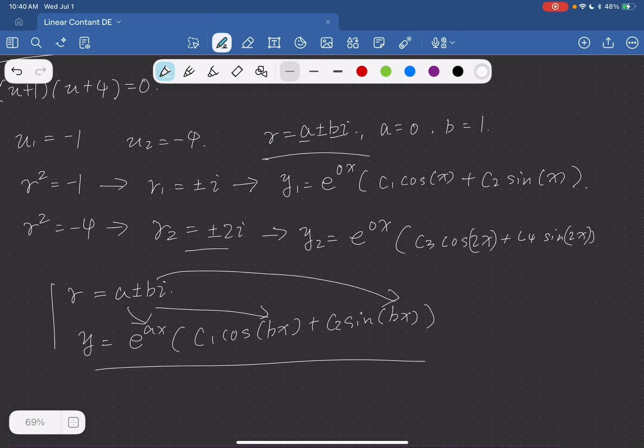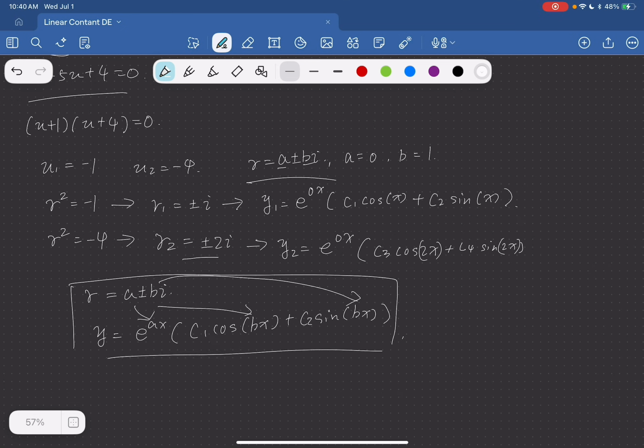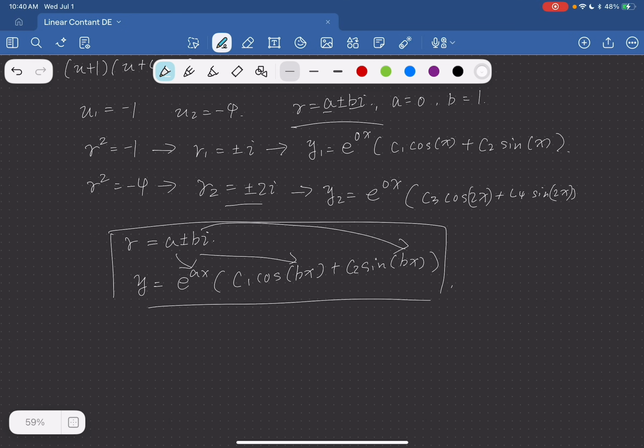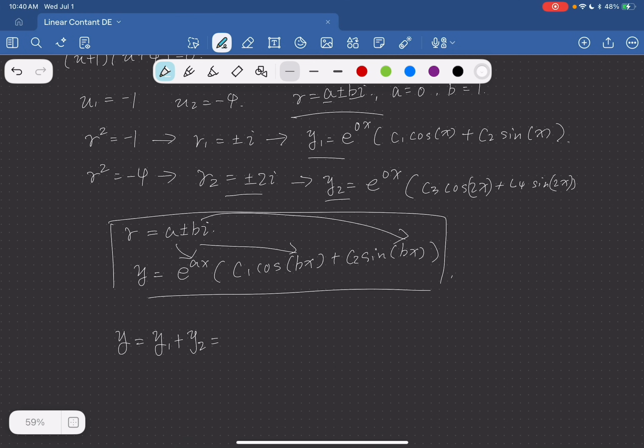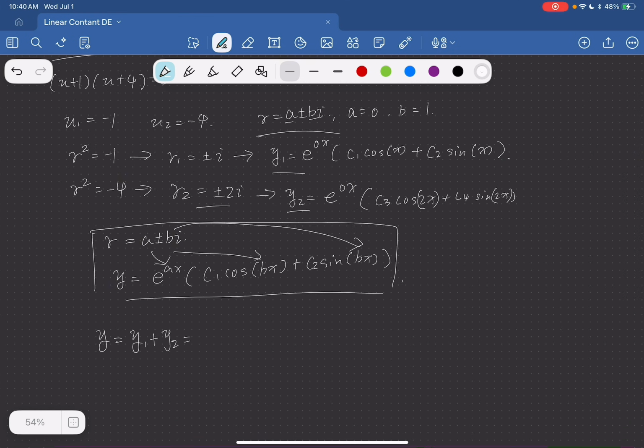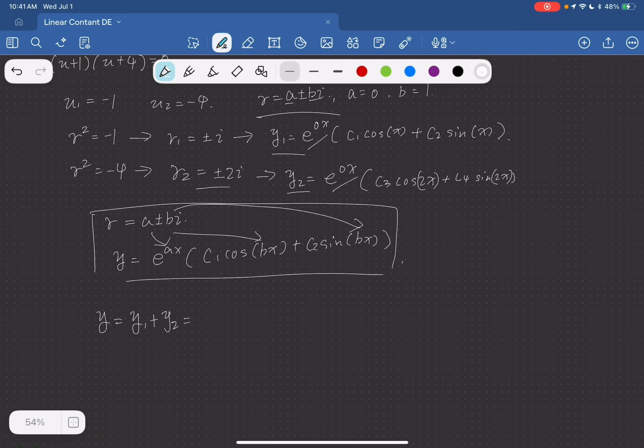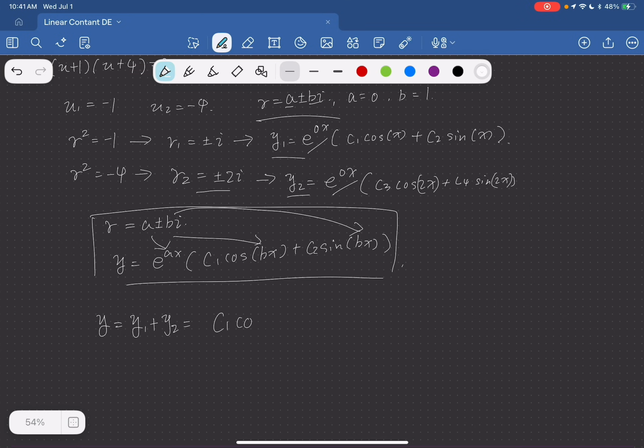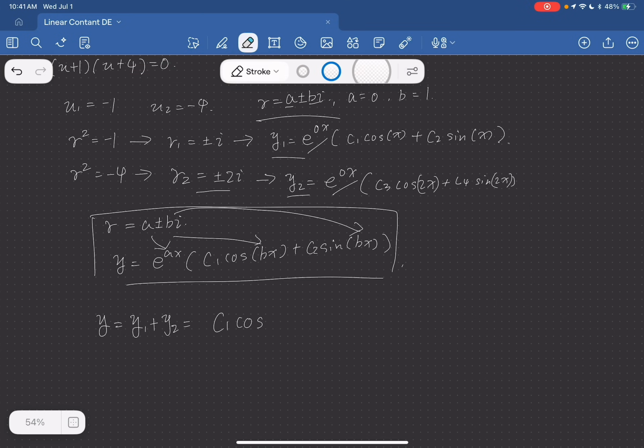So I put it here in case someone feels confused about this. So our eventual solution for the differential equation will just be adding these two solutions together. So it will look like this, because e to the power 0 is equal to 1. So we can just have the solution look like this.